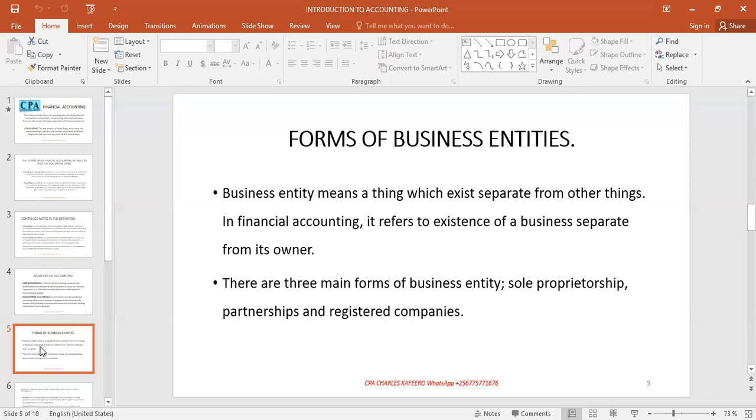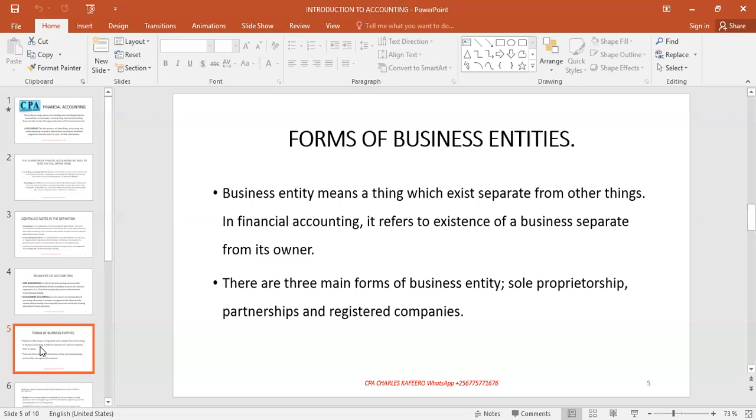Like for a sole proprietorship, as we say, the ownership: when the owner dies, the business also dies, which is not the case with other businesses like the partnership, because when a partner dies, they have a way of how they can recruit or compensate the partner who has died. And even for registered businesses, they are safe, because even if you try to sue them, you can talk about the liability.